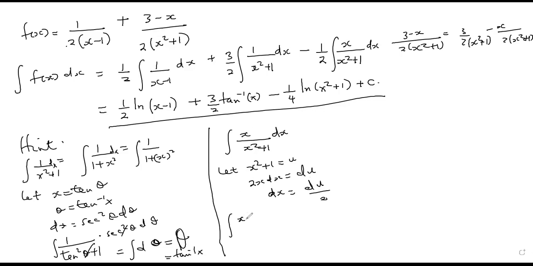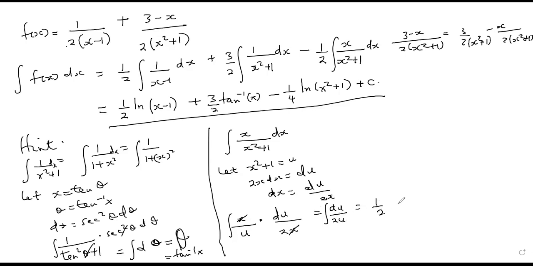So our integral is going to become x, we shall keep it as x, over x squared plus 1, which is u, times our dx, which is du over 2x, so that this x goes with this, and I will remain with the integral of du over 2u, of which I can move out a half.